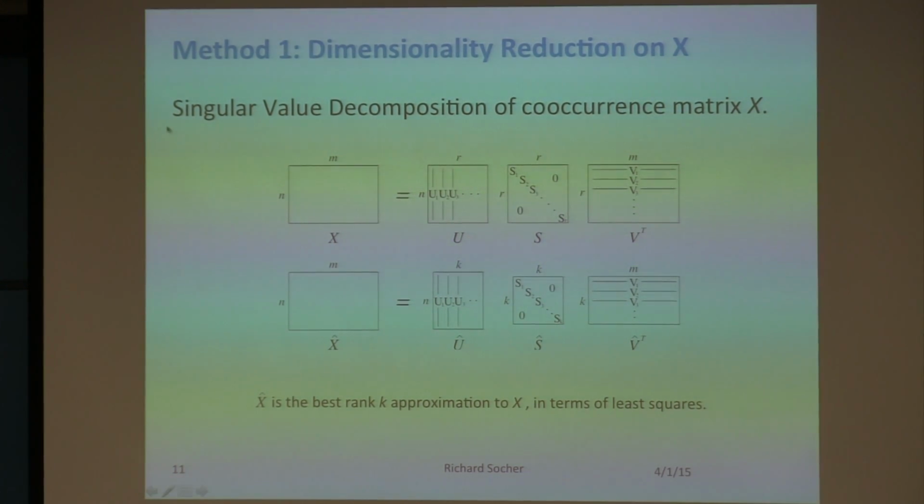And just as a refresher, you'll have your left singular vectors here, basically orthonormal columns, and here you have orthonormal rows, and along the diagonal of S you'll have all your singular values that, if you order them, you'll get the most important axes of variation in your data in the first column here of U1.